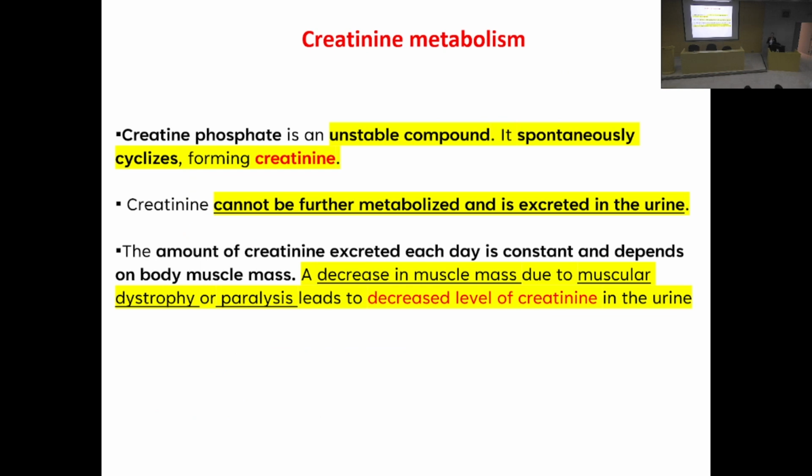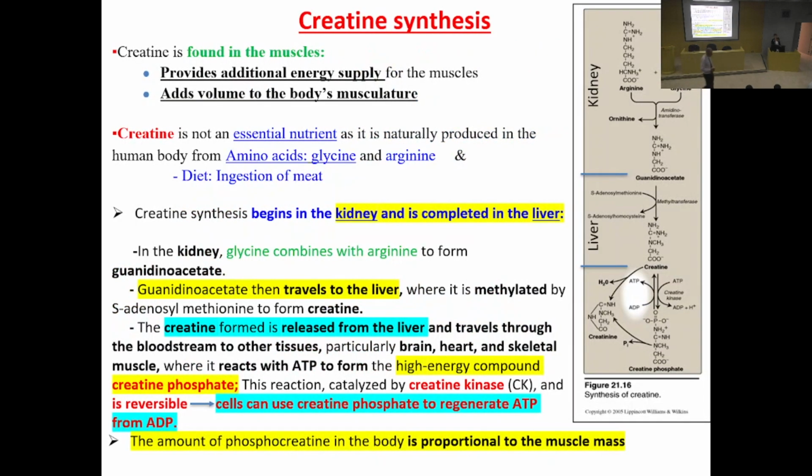All right, so we talked about creatine synthesis. Now we're going to talk about its degradation. This creatine can be very quickly metabolized and converted, as you can see here in the pictures. It will be cyclized and converted into creatinine.